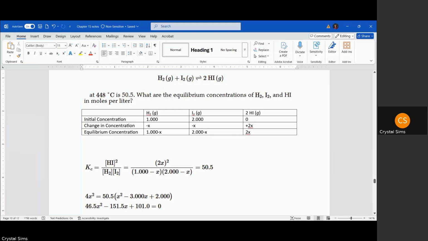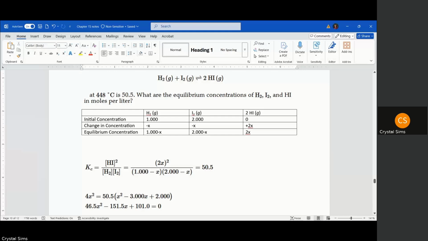We don't know by how much, but we know it's going to decrease. So we're going to plug in an X there because we don't know how much it decreases by. We just know it's going to decrease.